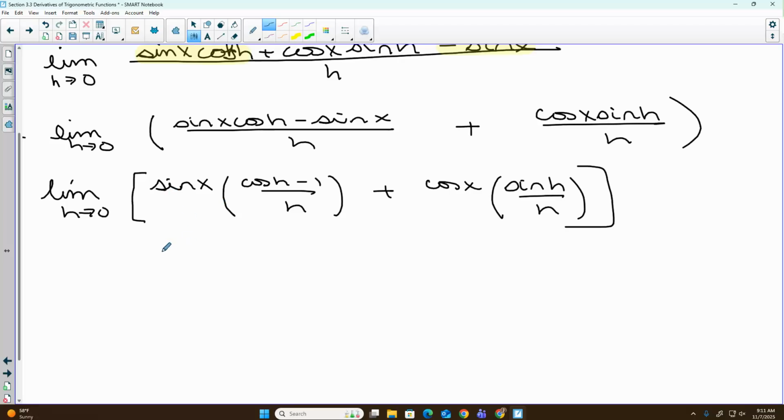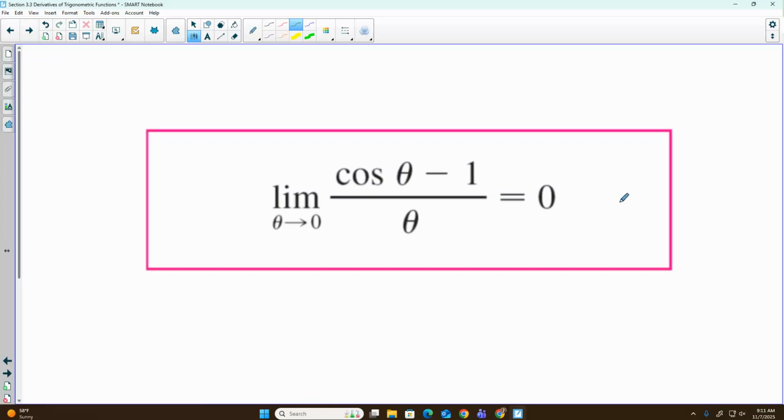Sine x, it doesn't have an h in it, so it's still sine x, times my cosine h minus 1 over h. The limit as h approaches 0 of that expression, look right above this slide, that is equal to 0.